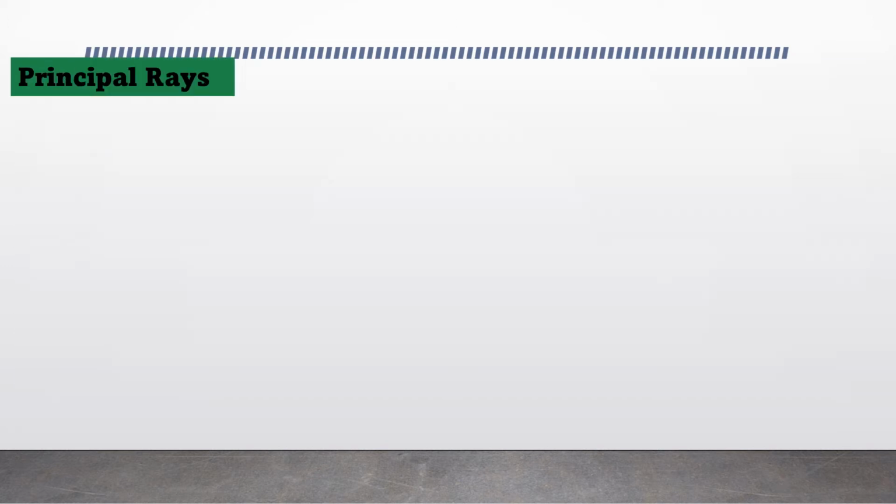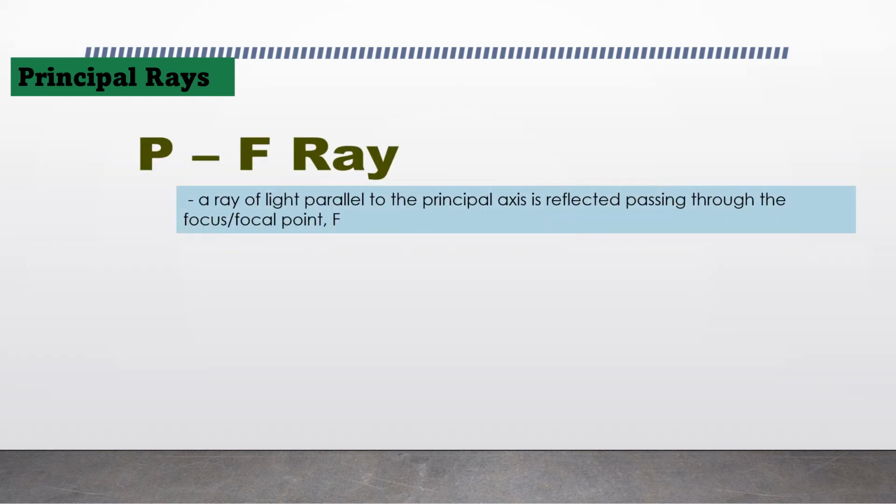At this time, I'm going to show the diagram of the P to F ray. Okay. P to F ray, a ray of light parallel to the principal axis, is reflected passing through the focus or focal point, F. Okay. So, how does it look like?